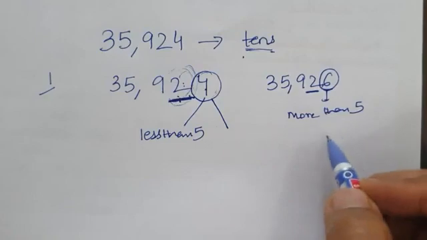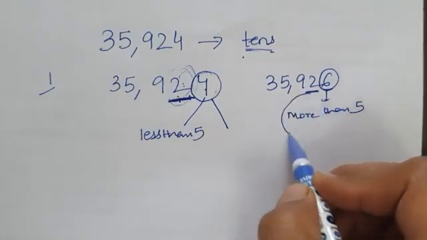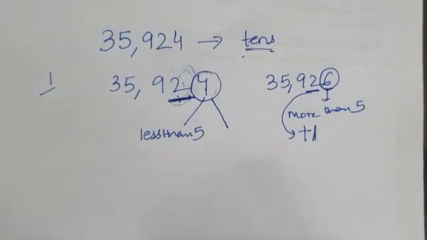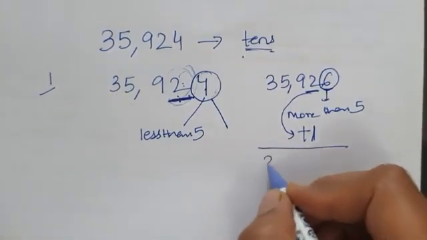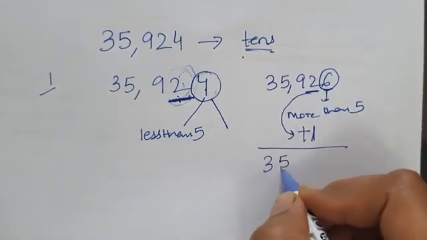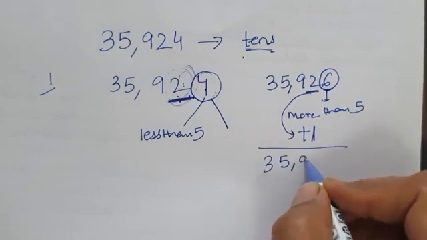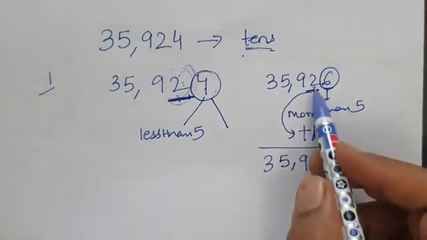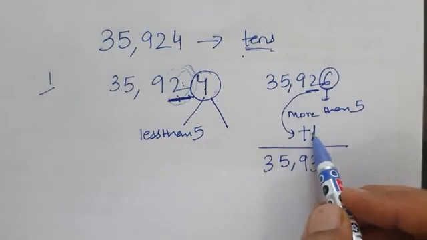So what we will do, we will just add 1 in the underlined digit. So what we get? 35,930.